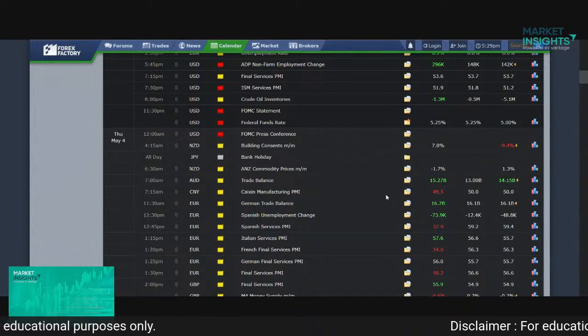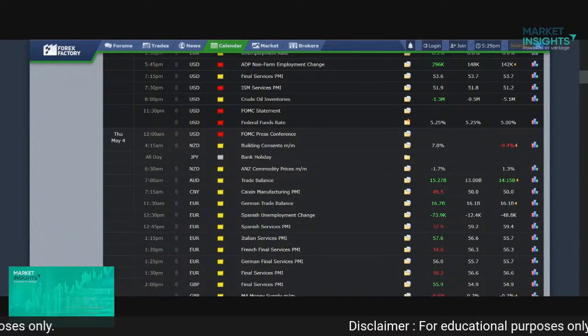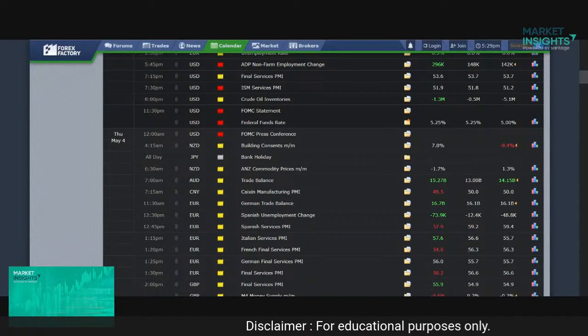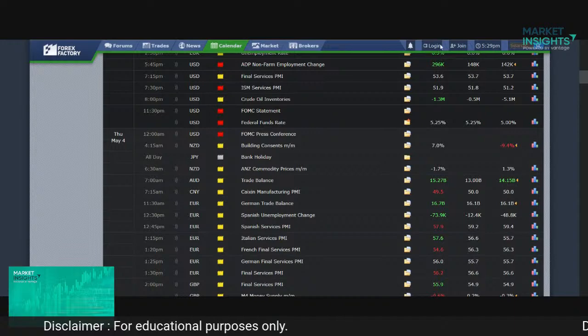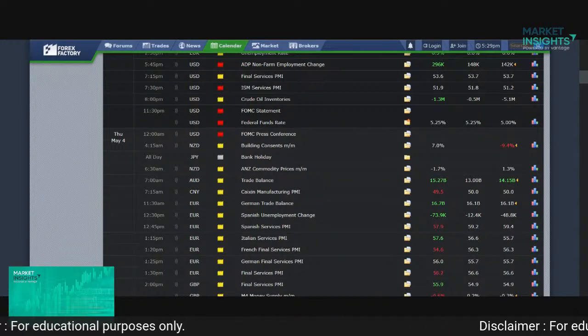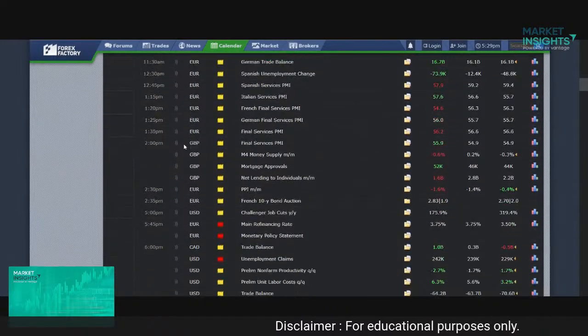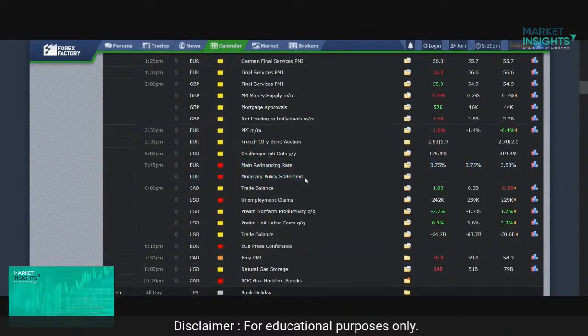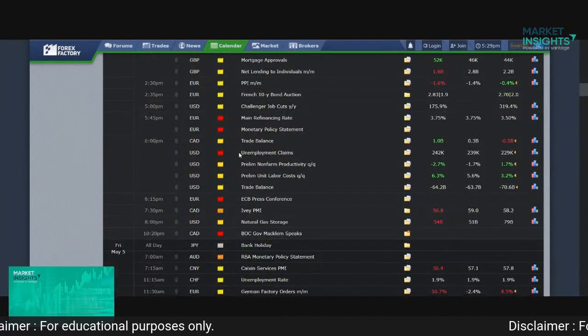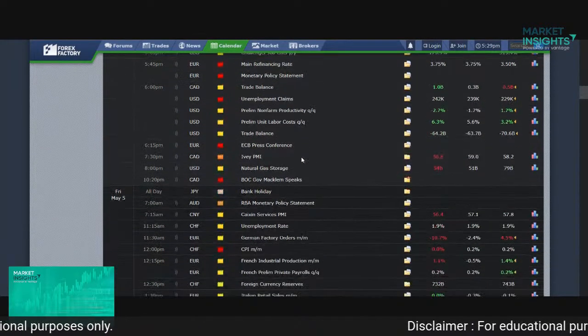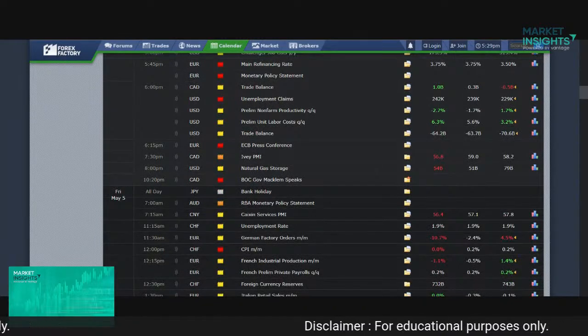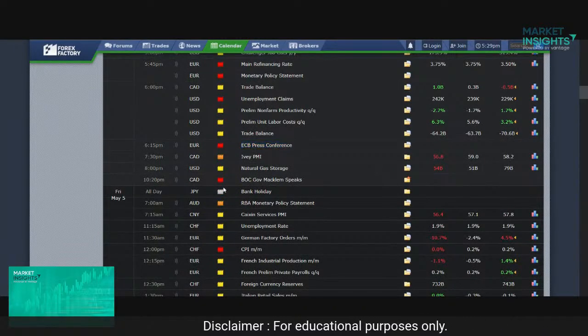Before zone analysis, we are just going to see what the market has done, so as to get some context from the data. Moving on, we then saw the main refinancing rate by the Euro, again a 25 basis point revision, and unemployment claims almost equivalent to the expected number. Then the ECB press conference, done.